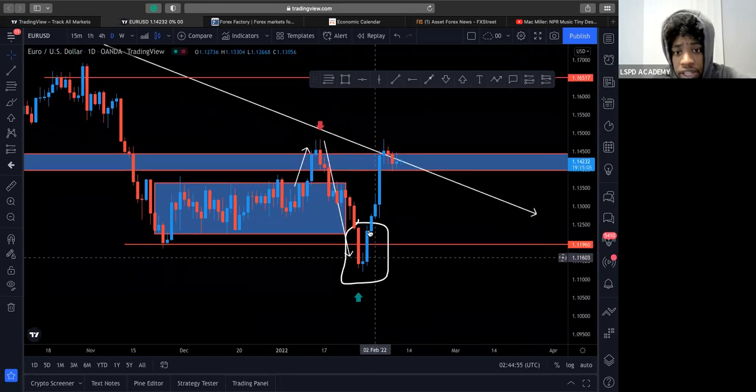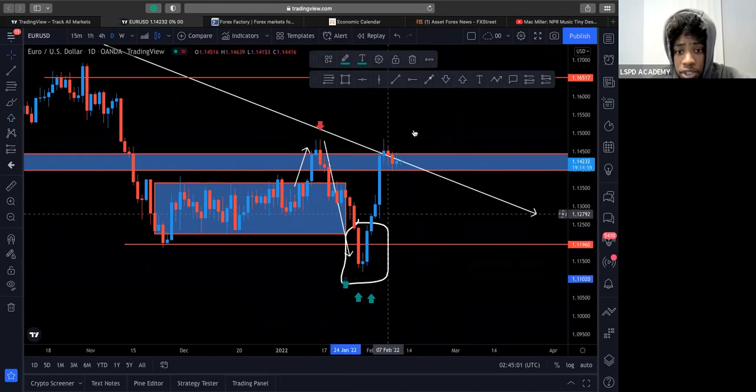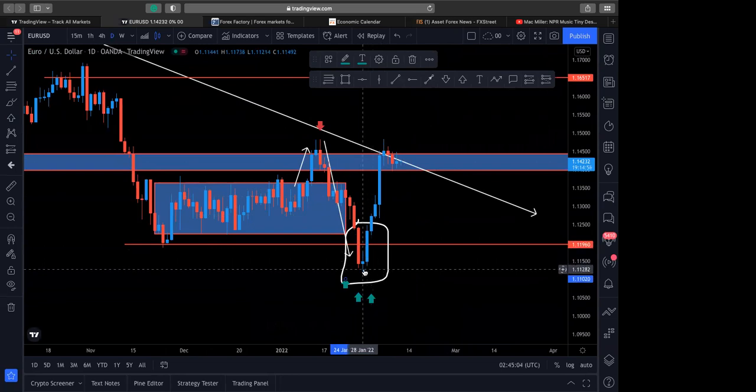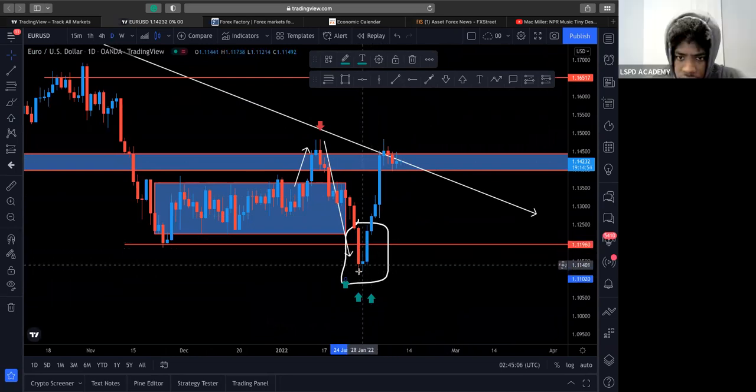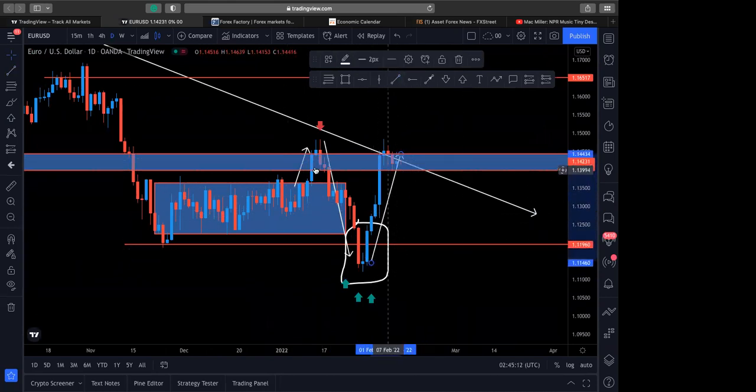So we see, okay, now we're having a positive confluence for price to be going up, right? And we see price made its way right back up, but it didn't pass this resistance.